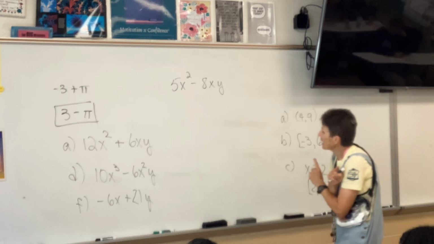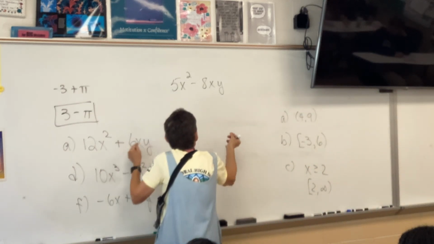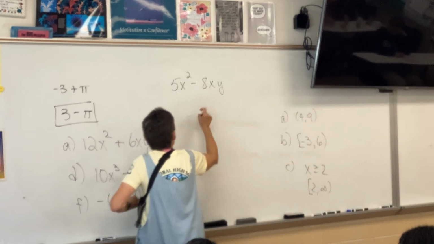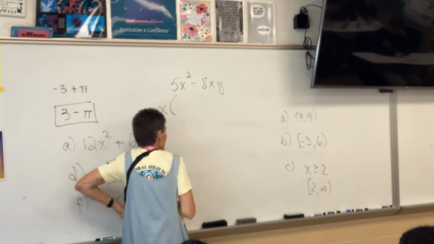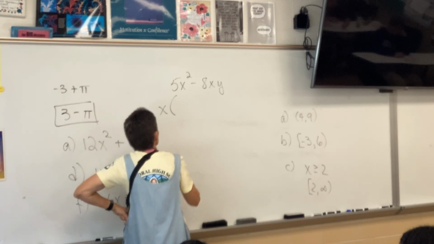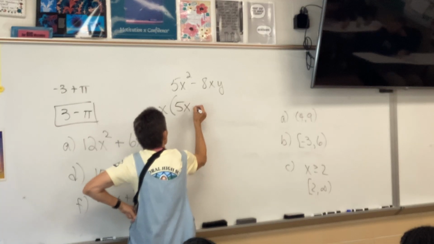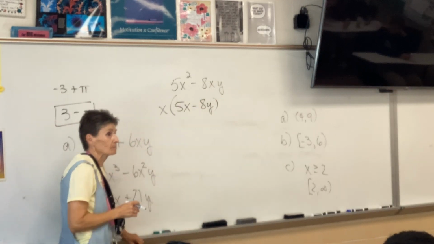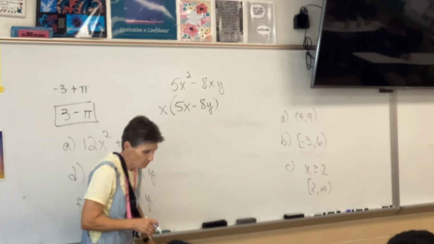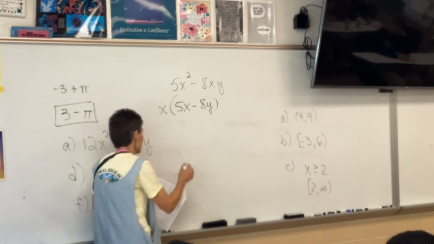So let's look at that guy. We're going to undistribute it. What can we take out? X. And if we do take out an x, what will be left? 5x minus 8y. Everybody good with that? Beautiful. How about C? Can you do the same thing with C?